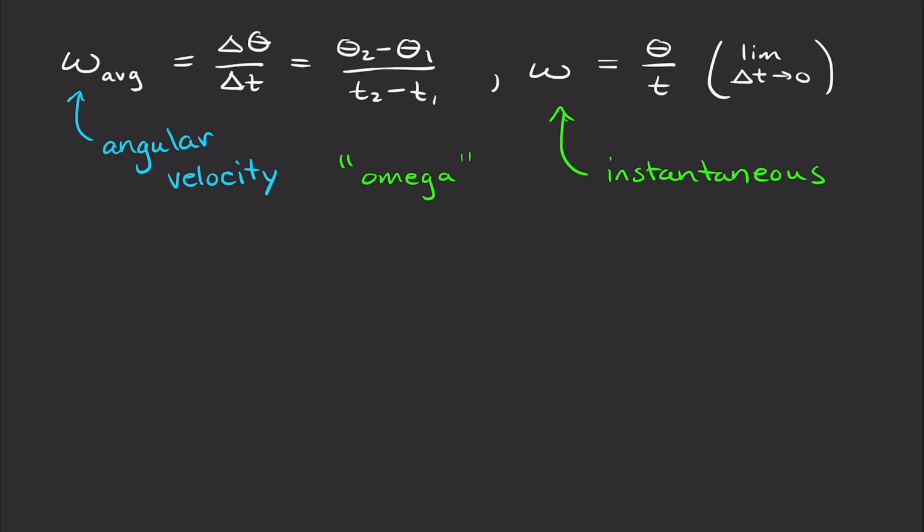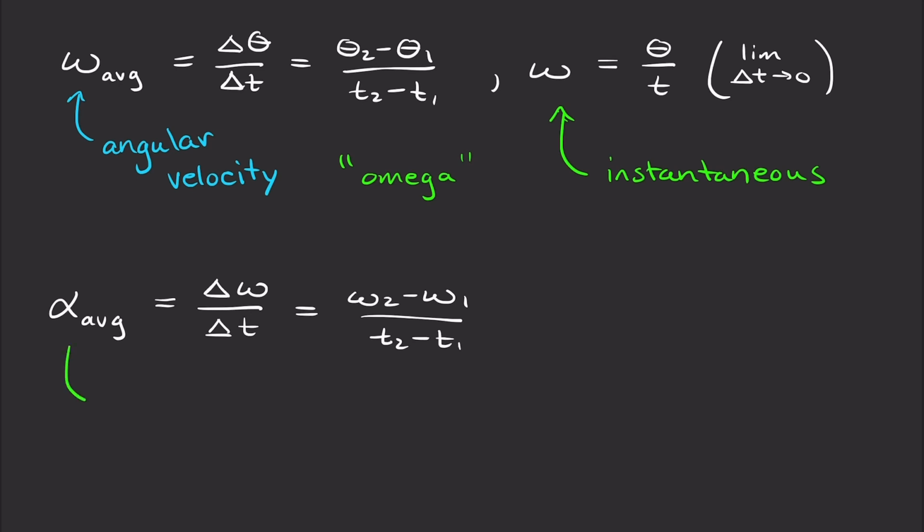And we can do the same thing for acceleration. So for angular acceleration, instead of a for acceleration, we're going to have alpha. And alpha average will be the change in omega, or the change in angular velocity, over the change in time, or again, omega 2 minus omega 1 over t2 minus t1, where alpha is our angular acceleration.